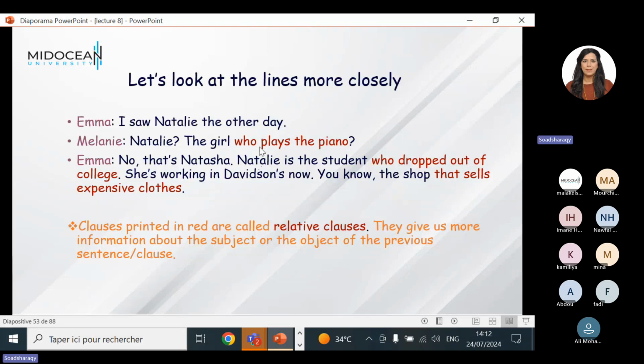They give us information about Natalie. The subject we're talking about here is Natalie. Then here we're talking about the shop. So this relative clause gives us information about this shop, the shop that sells expensive clothes.